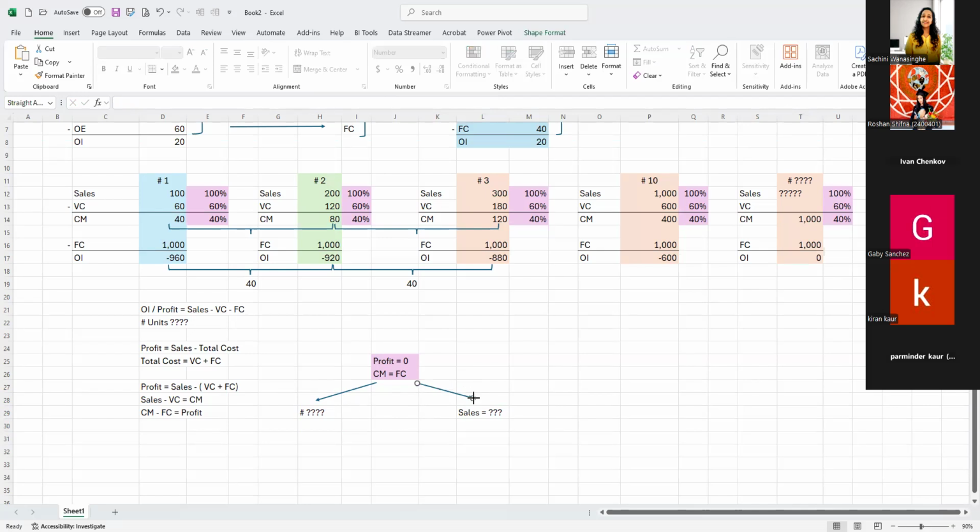So let's find the answer to the first question, number of units. We're going to start with this formula. We know that the profit is equal to sales minus variable cost and fixed cost. Now the total sales is always equal to the number of units that we're selling times the sales price per unit.